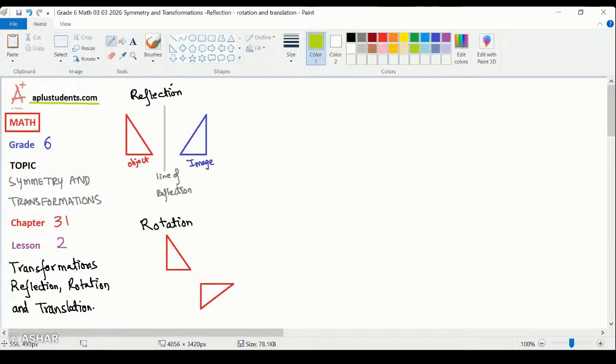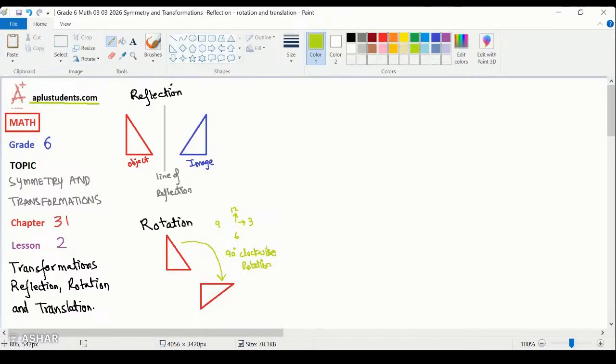That means we are moving in the direction of the clock, and we know that the clock has 12, 3, 6, and 9. It was previously pointing towards 12 o'clock. Now it's pointing towards 3 o'clock. So we can say 90 degrees clockwise rotation.